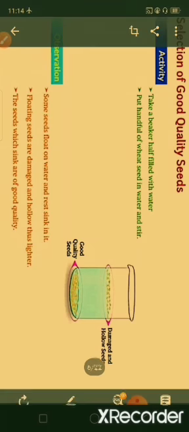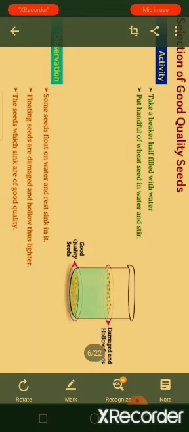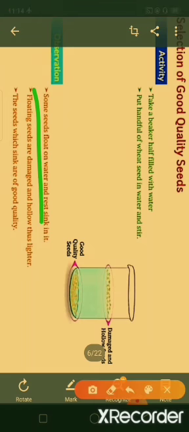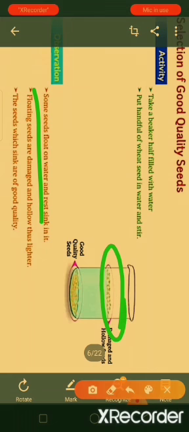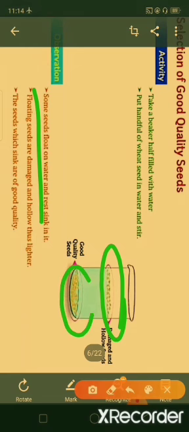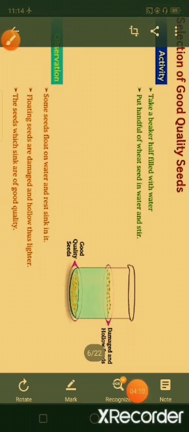We can see that some of the seeds float on water and the rest sink. The floating seeds are damaged and hollow, so they become light and float. The rest of the seeds are heavy and sink in the water. These are the good quality seeds.